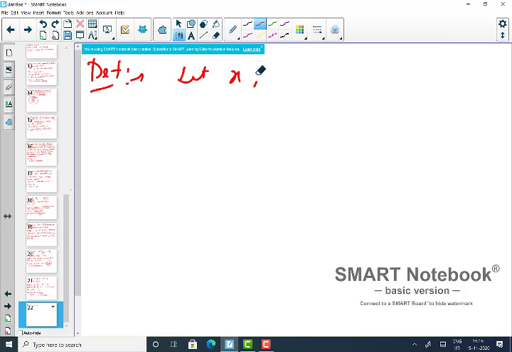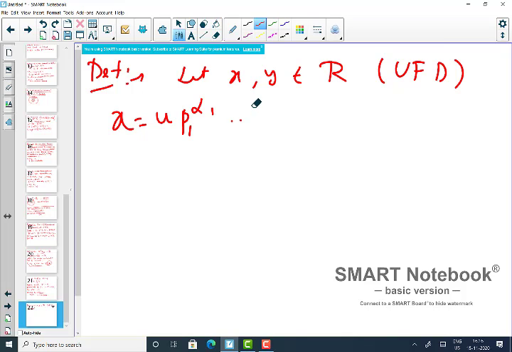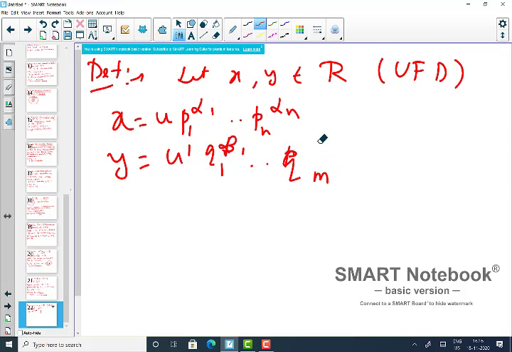Let you have two elements, say X and Y, belonging to the UFD R. You write X as some unit times irreducibles, P1 to the alpha 1 up to Pn to the alpha n, and Y as another unit U dash times P1 to the beta 1 up to Pn to the beta n.